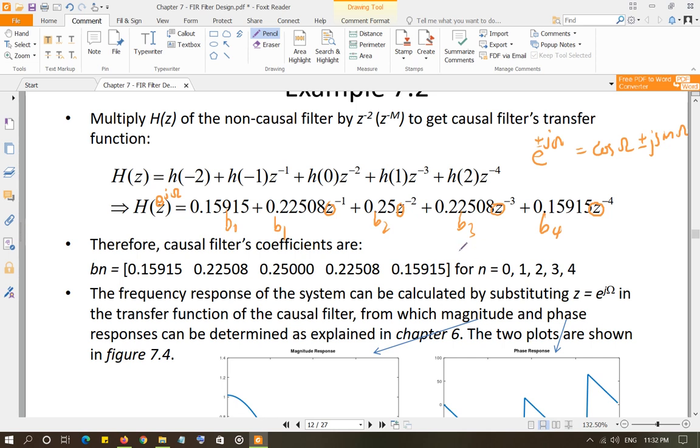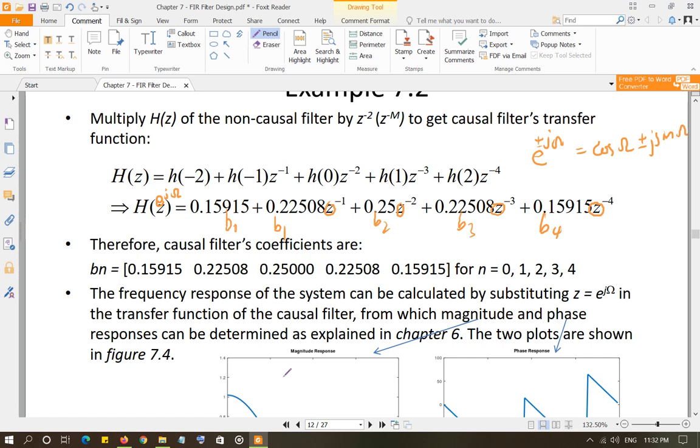And that is going to be your h of e to the j omega written in complex form with real part and imaginary part. So when you take the magnitude of that, you are going to take square root of the real part square plus the imaginary part square without j. Remember, don't include j when you're calculating the magnitude.